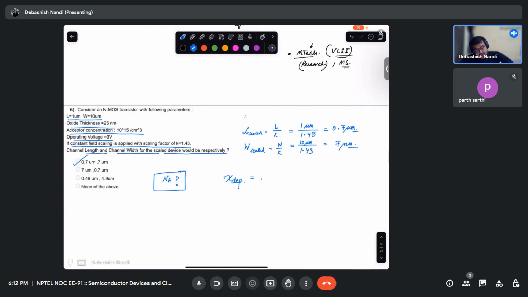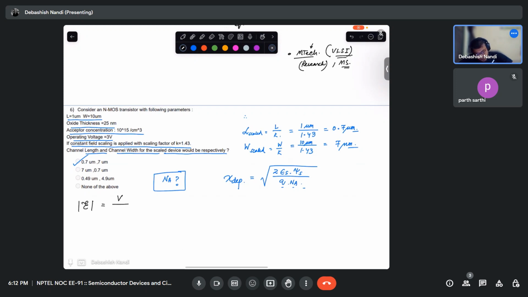So what is your X depletion? X depletion is 2 epsilon s times psi s over QNA. Okay. And what is my constant field? E has to be constant.